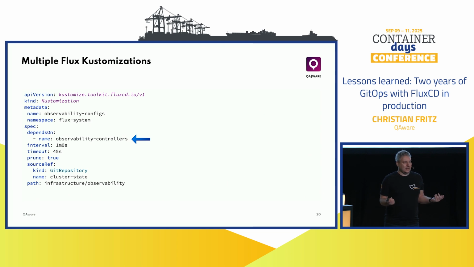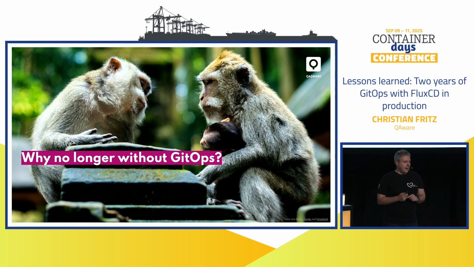It's just 2 lines of code in your Flux customization, dependsOn, with the name of the other customization. Yeah, why I don't want to live longer without GitOps.